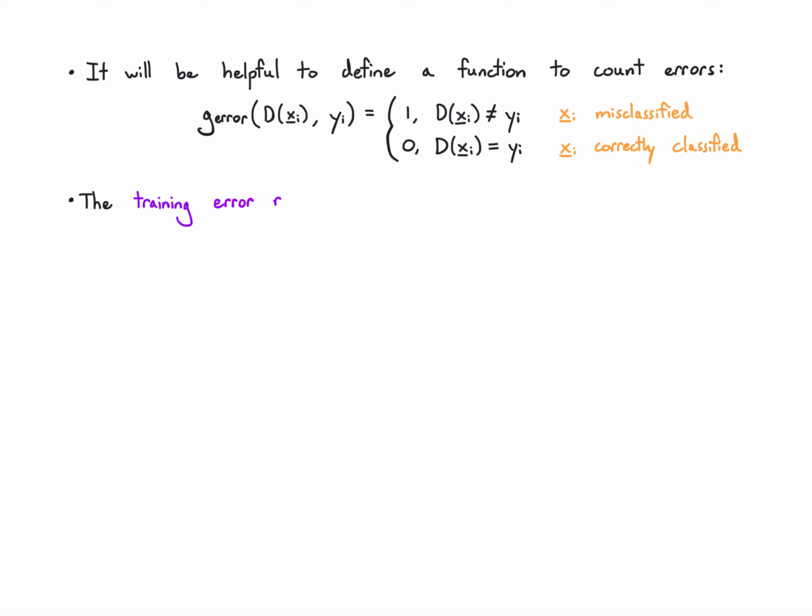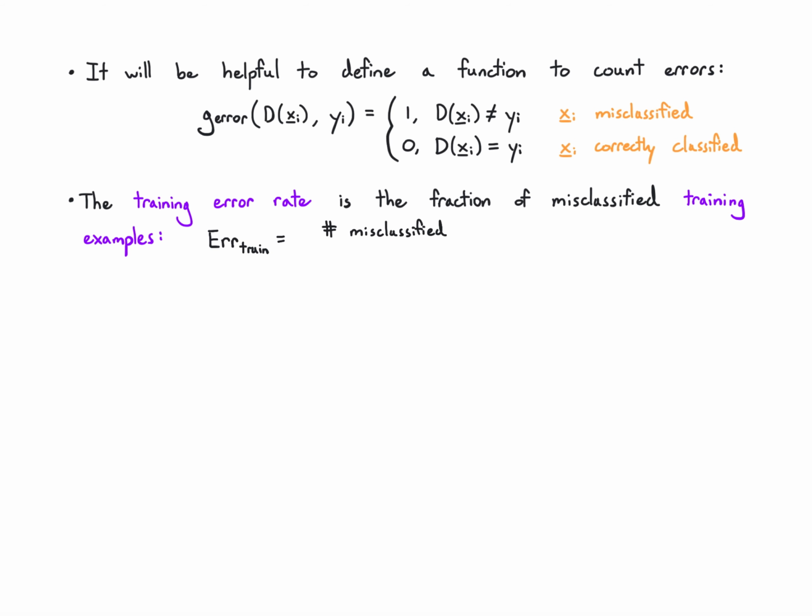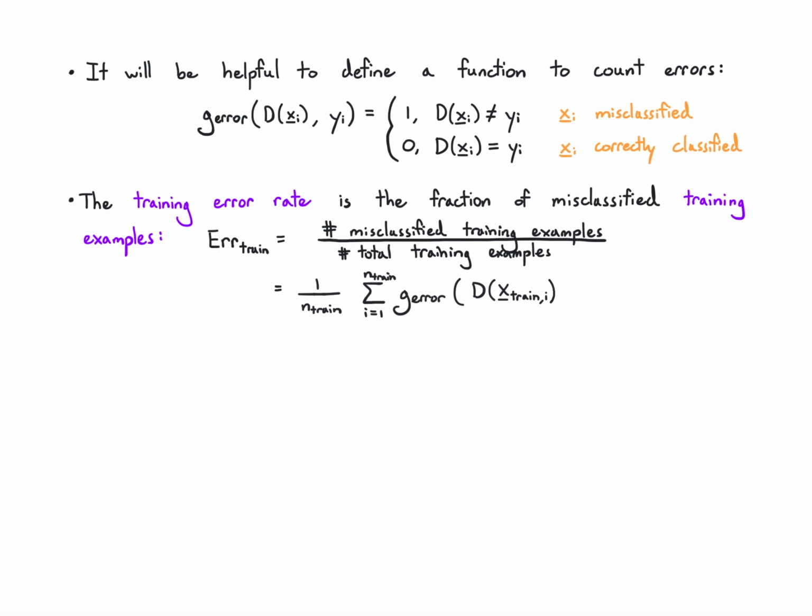So then I just need the training error rate and test error rate definitions. The training error rate is just the fraction of misclassified training examples. So then I just take the number of misclassified training points and I divide by the total number of training examples, right? And if I want to write this mathematically, what that means is I just have 1 divided by n train, the sum going from 1 to n train of g error of the decision on the training example against its true label.